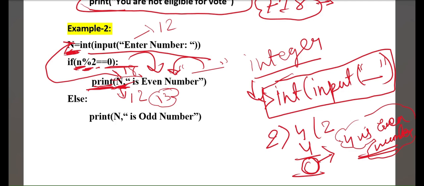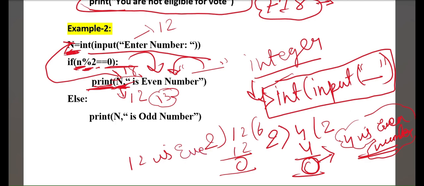So if the user is taking 12 as input, what will be the output? Now let's divide 12 by 2. Here we are getting 0 as remainder. So it is also an even number. So 12 is even number.